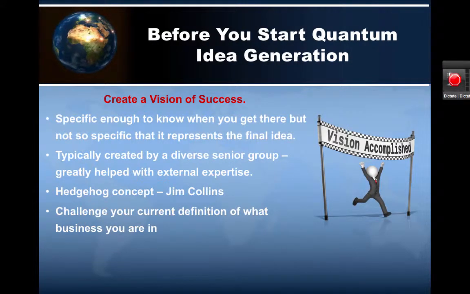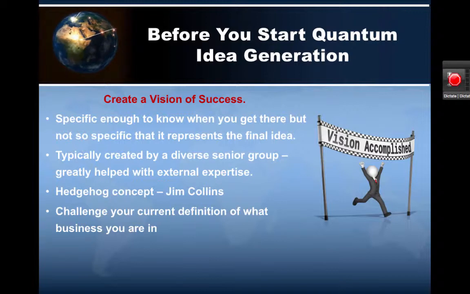Okay? Before you start quantum idea generation, there's a few things that you need. First, you need to create a vision of what success looks like. What are you trying to get done here? If you don't do this, it's kind of like the adage, if you don't know where you're going, any road will get you there. And you want to create a vision of success that's specific enough to know when you get there, but not so specific that it actually invents the product that you need.